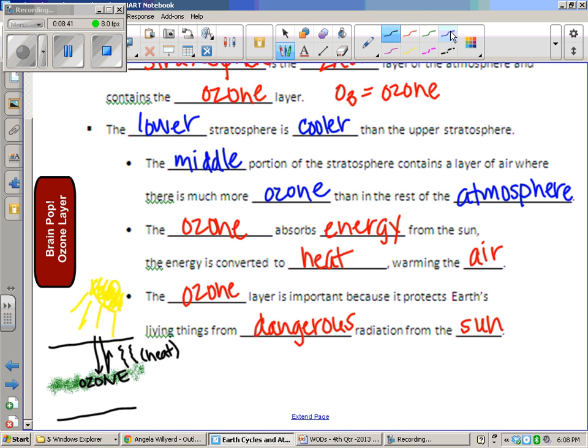So in the upper part of the stratosphere, that's going to be much hotter. But because the lower stratosphere is protected by the ozone layer, which is absorbing the ultraviolet radiation, this layer is going to be much cooler.